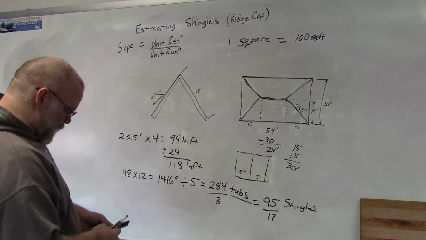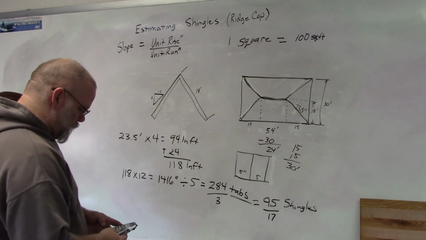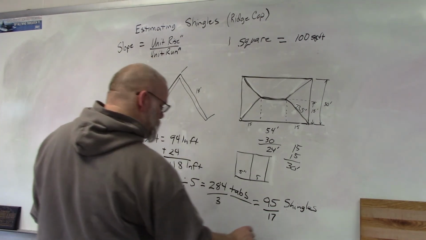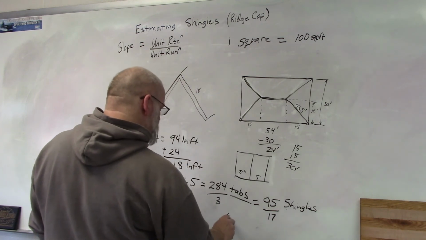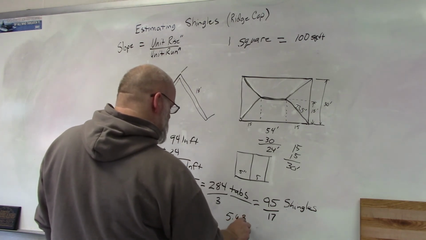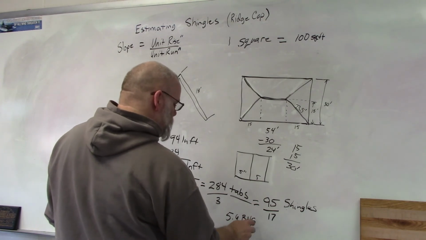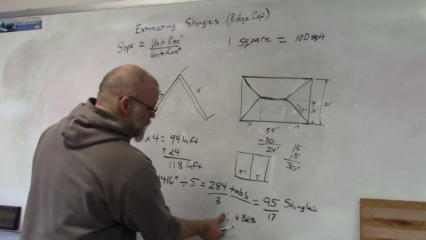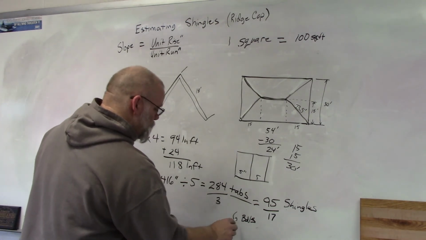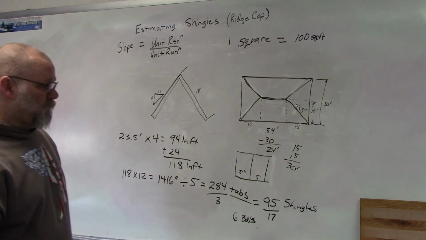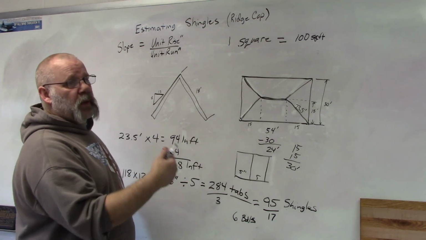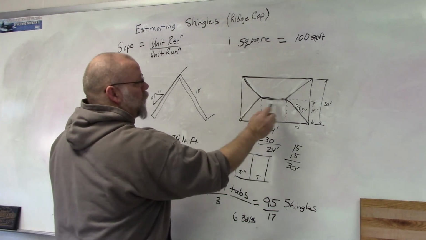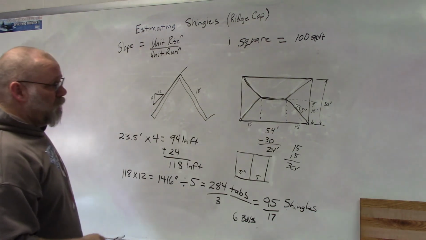So 95 divided by 17 would be 5.6 bundles. Okay, so again, you'd probably round up to 6. So we could just say that we needed 6 bundles of either 3-tab shingles or the perforated tab shingles to put the ridge caps on all of those ridges on that hip roof.